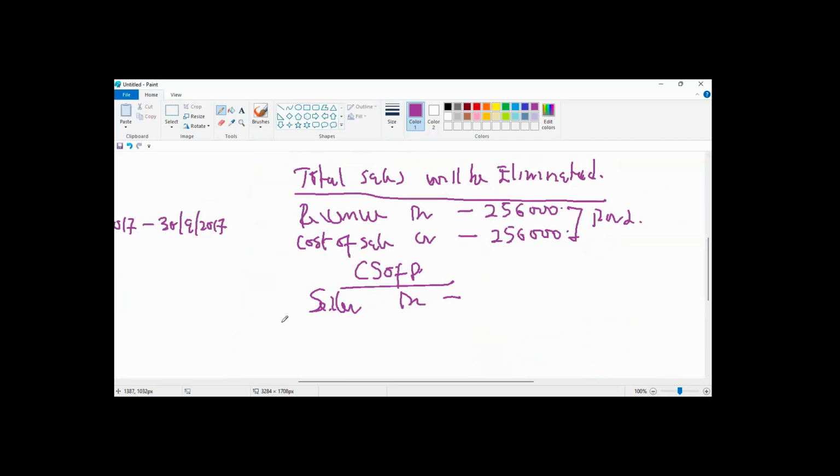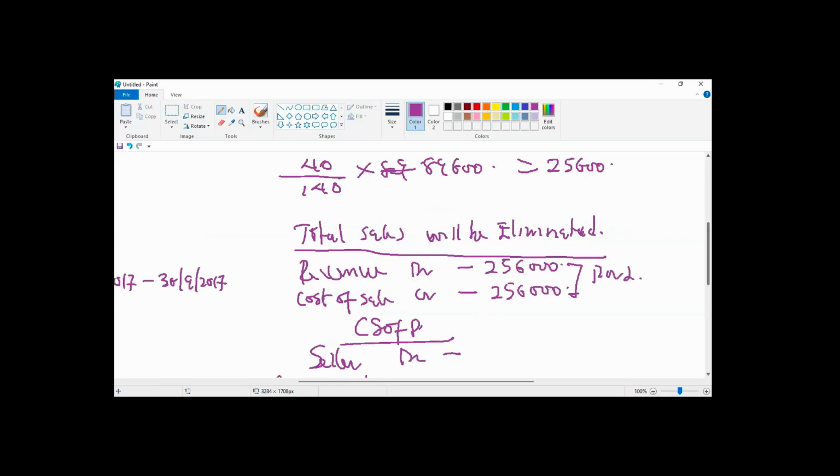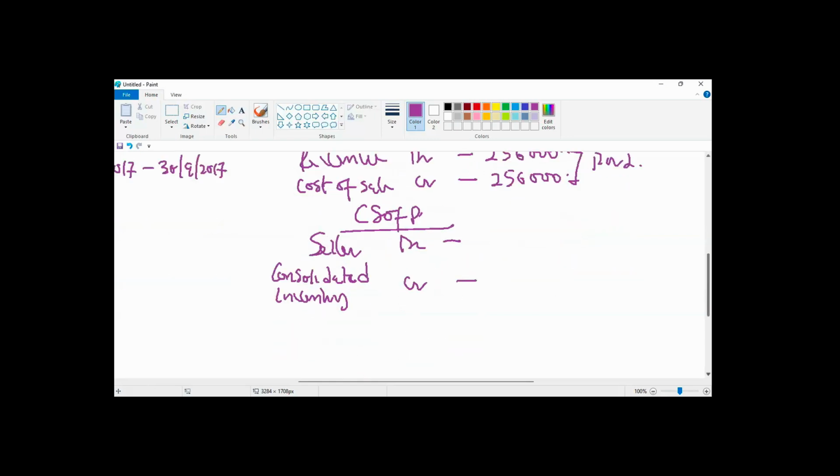Then the consolidated inventory, I will credit. Also, of how much? 25,600.